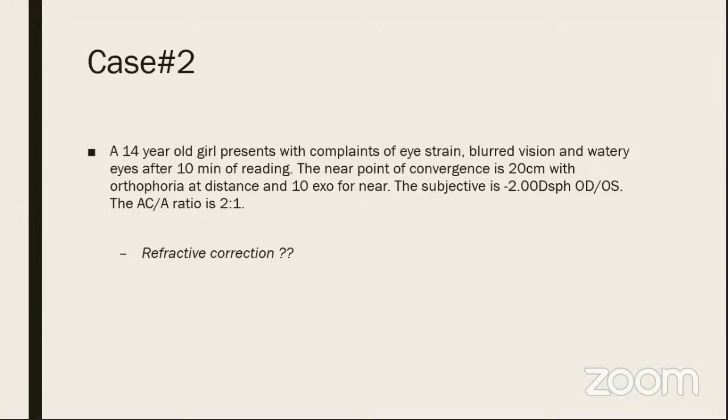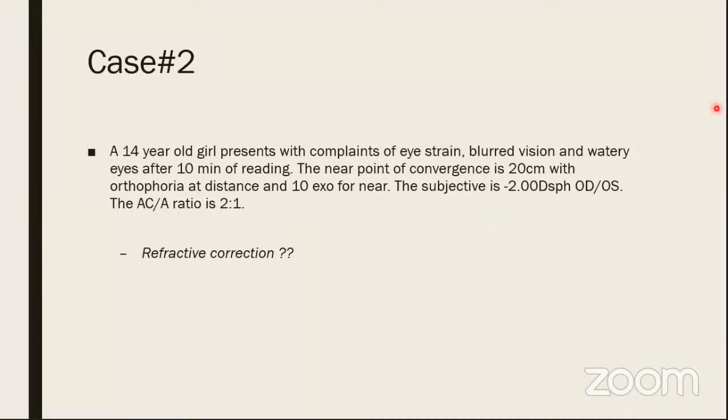So, for example, this is a child wearing this subjective refraction. Our main concern is whether the patient will benefit from added lenses or not. First, I'm just going to talk about added lenses. Since the AC/A ratio is low, added lenses would not be of much help.